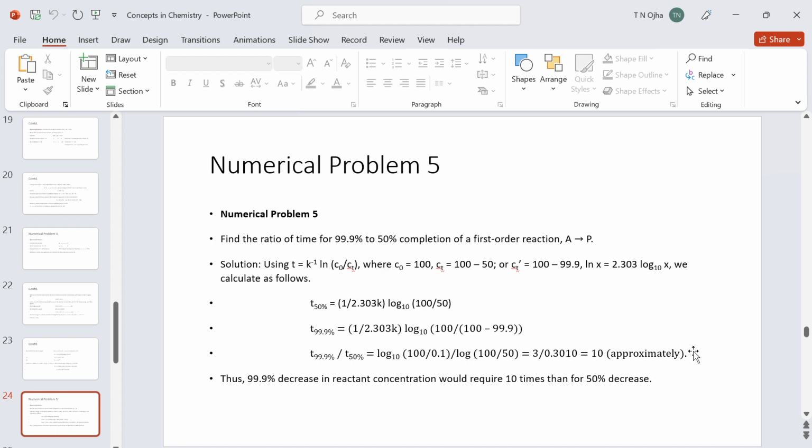So we put the values for T 50% and for T 99.9%, and divide equation 2 by equation 1. Putting the values, we get the ratio 10. It means if the time period for 50% completion is given, the time period for 99.9% completion will be 10 times more.